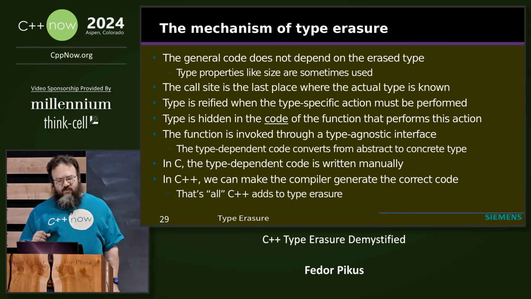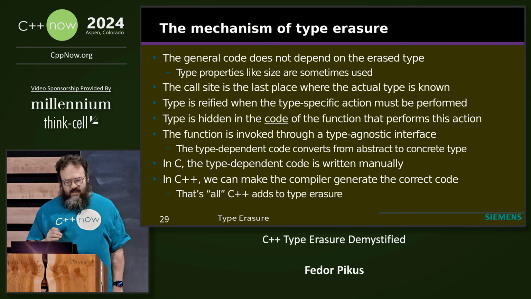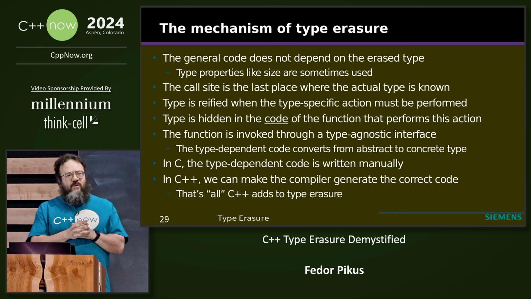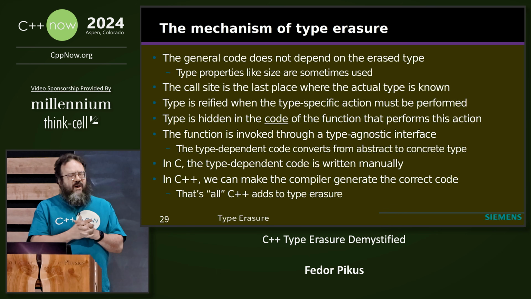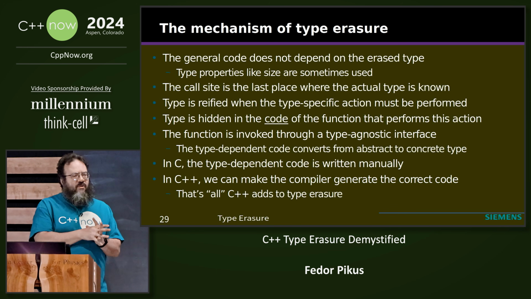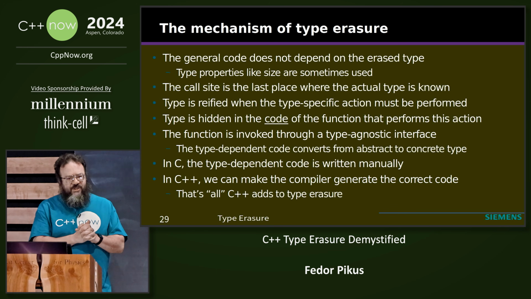So now we're going to see how C++ does it. But the essential part to understand about the type erasure from all of this is the type, obviously, is not lost completely because you have to perform, somewhere in your generic code, type-dependent actions.